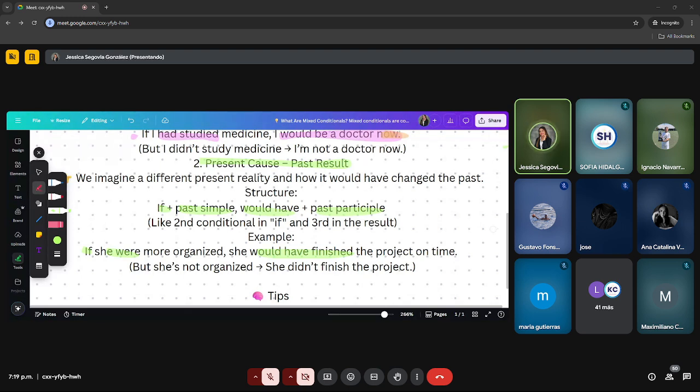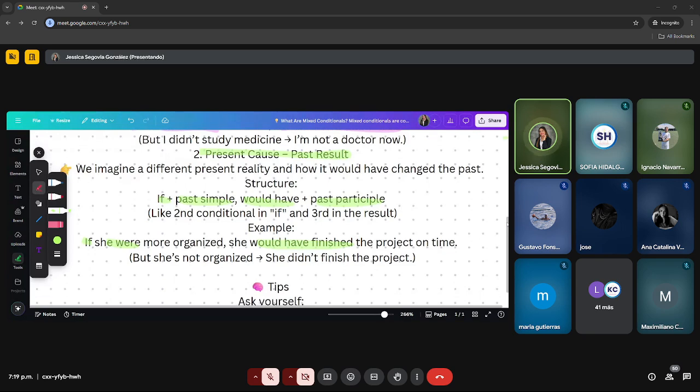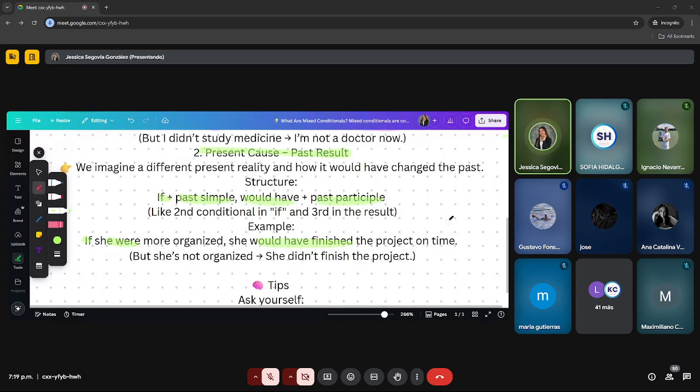No, she didn't. And the reason is a present situation because she is not an organized person. So, in this structure, we have the following present situation that she is not organized and the past result that she didn't finish the project.